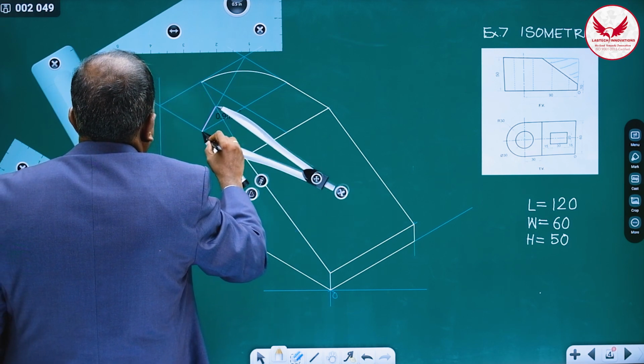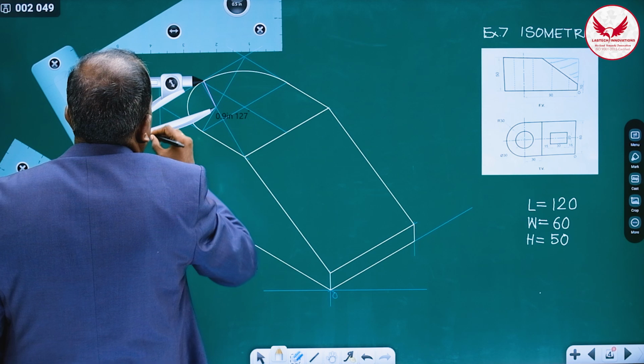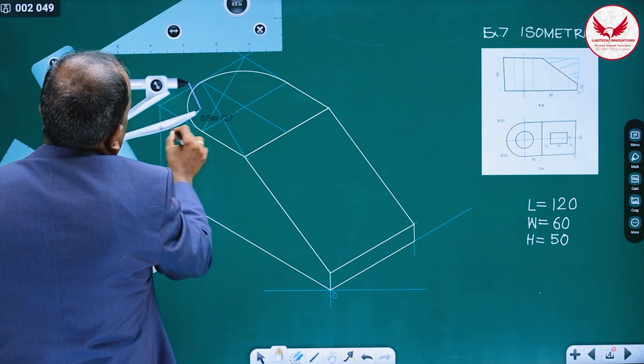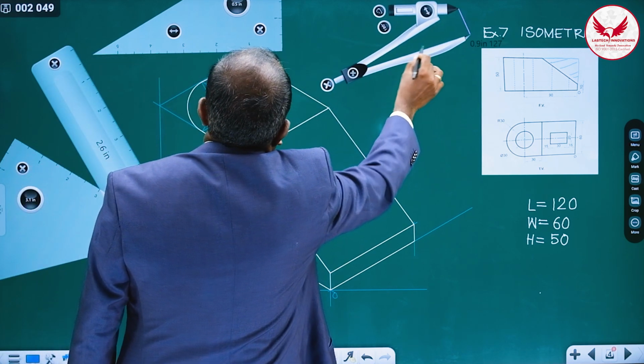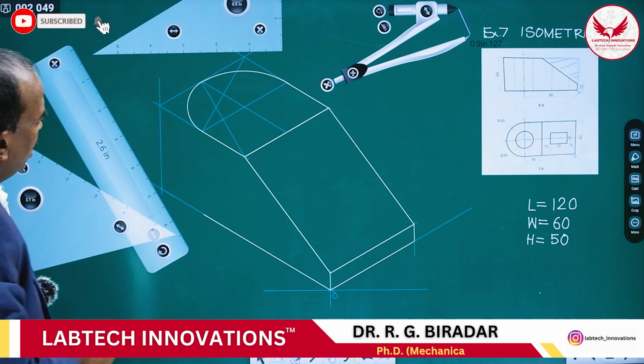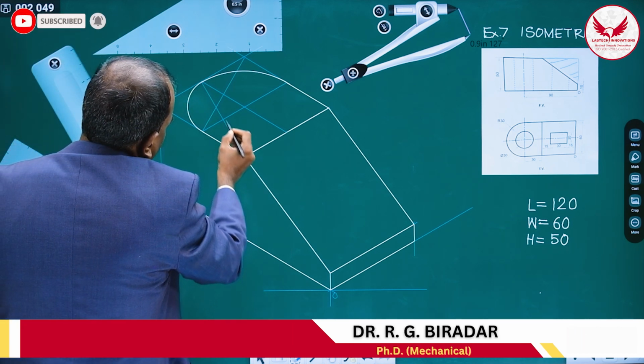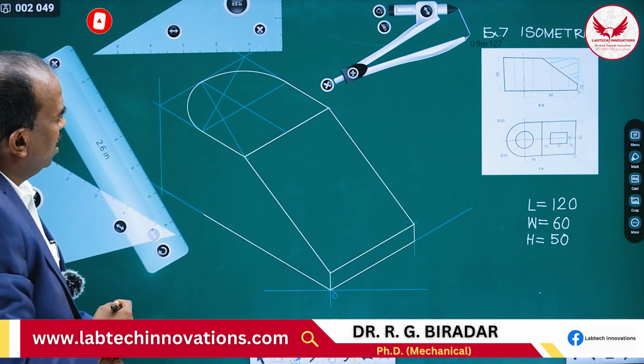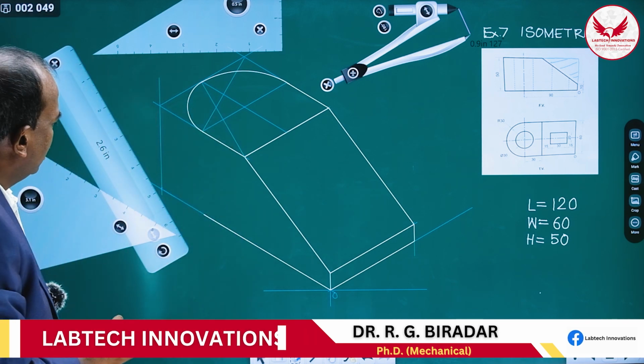Perfect. So from this we have to mark this portion. Like this we can draw the semicircle, and I have used this one center and this two center. For a semicircle only, we are supposed to use two centers.